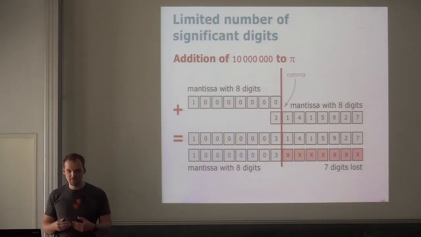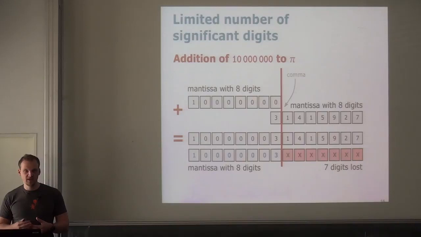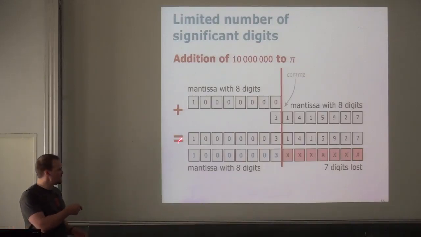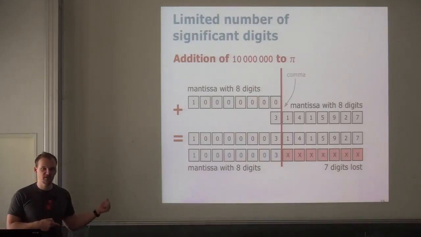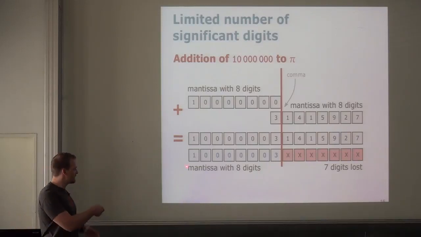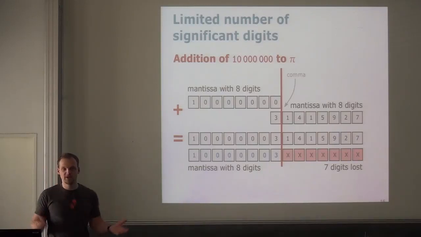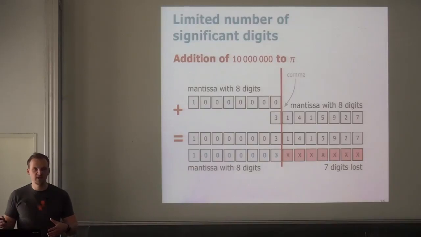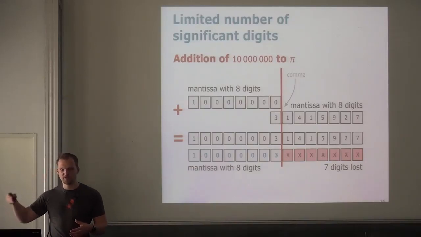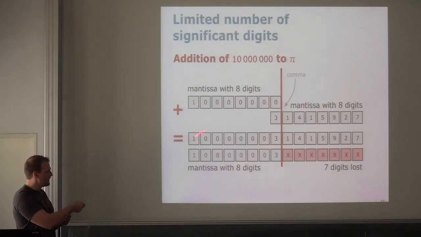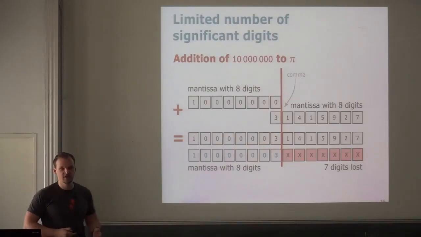And now we want to add them. We cannot drop anything from this side because these are very significant numbers. Like, we cannot just drop this 1, because now our number becomes a 3 instead of 10 million 3. So the only place that we can drop numbers from is the right. We add those, and we now have not 8 significant numbers but whatever, 15 significant numbers.